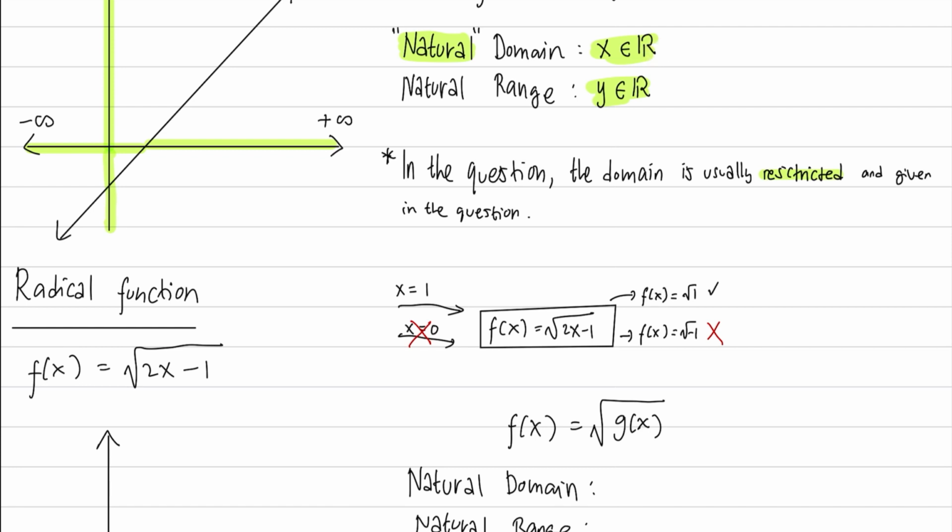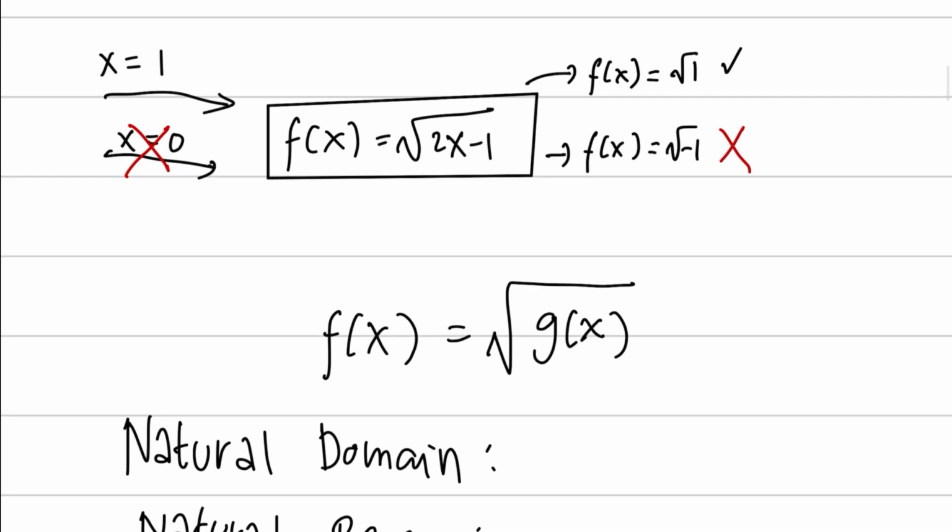But what is it? Let's think about our function. We can put in any value of x as long as the value inside the square root is positive or 0.